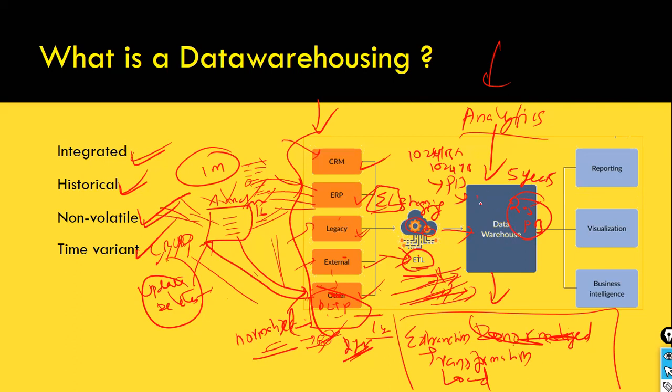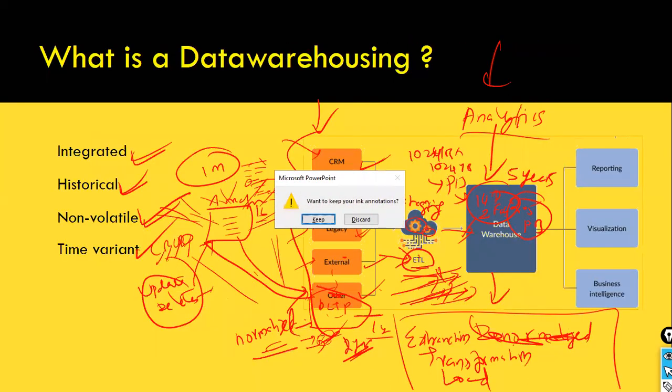And we have close to 14 dimension tables, and we have two fact tables for the subject area where I work. See, a data warehouse can have multiple subject areas. What do you mean by subject areas? Modules.